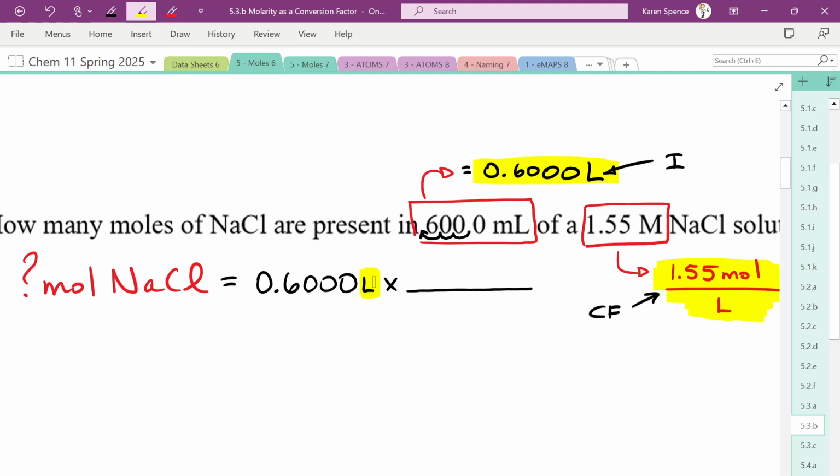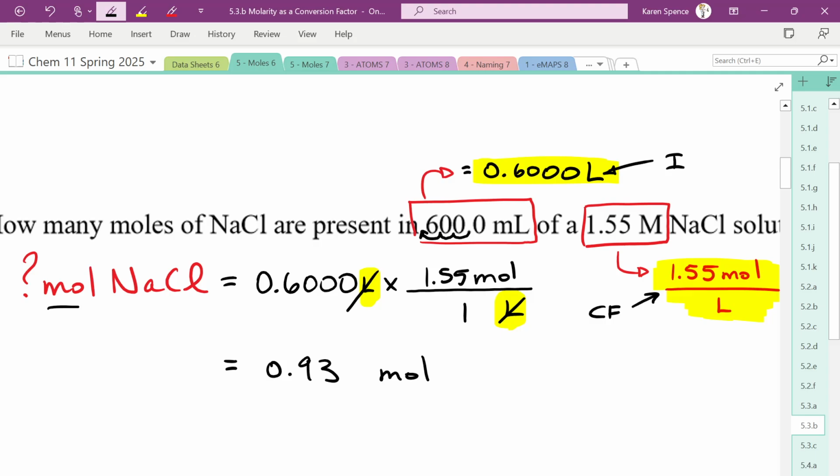What unit has to go on the bottom? The liters, so it cancels. Moles, which is what we want to find, goes on the top, and we know we have 1.55 moles per liter. 0.6 times 1.55 equals 0.93. The liters have canceled and we are left with moles.